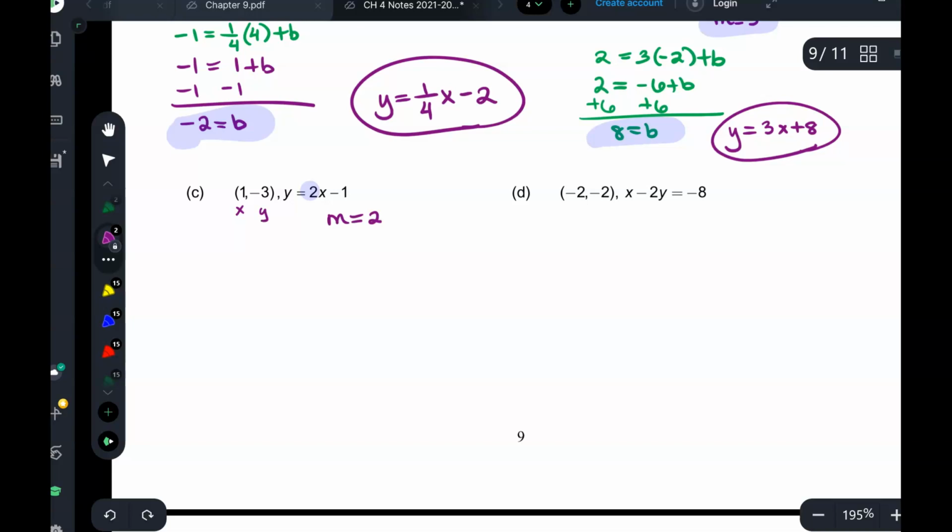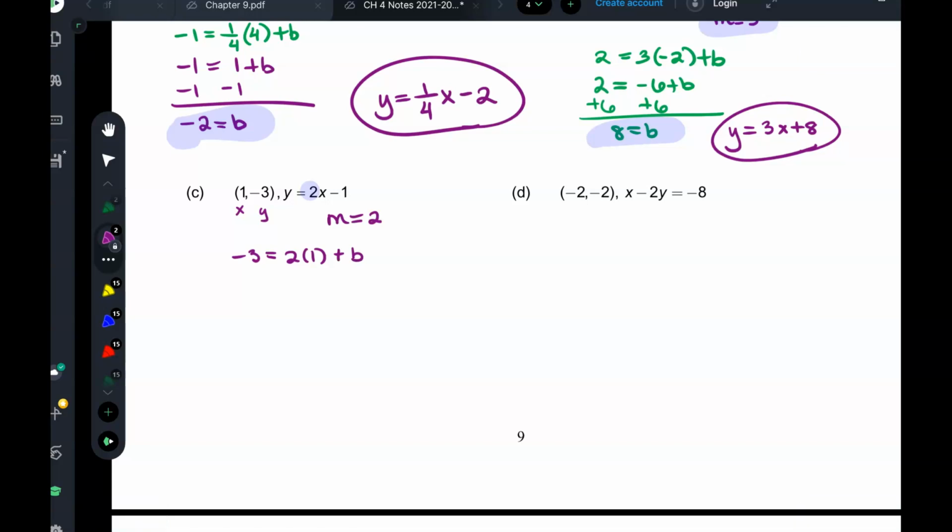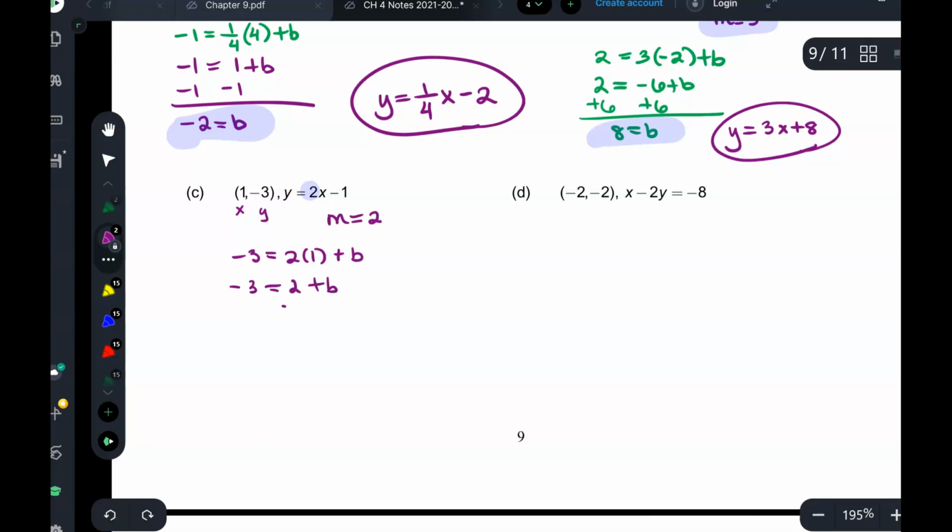Okay, I want you to try this one on your own. If it's plus b, then we change minus 1 to plus b. So this minus 1, we don't use at all. We have to find a new value of b. Okay, so go ahead and solve.